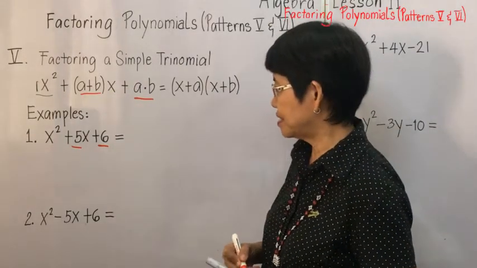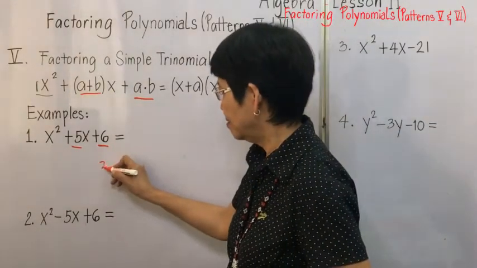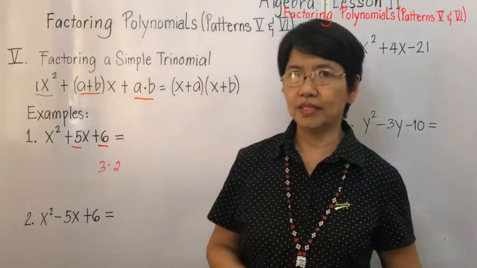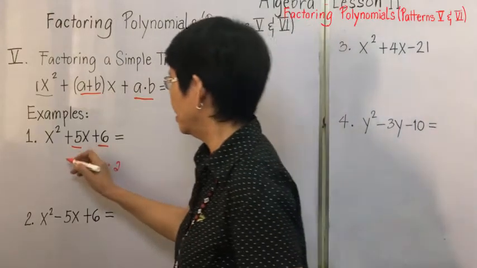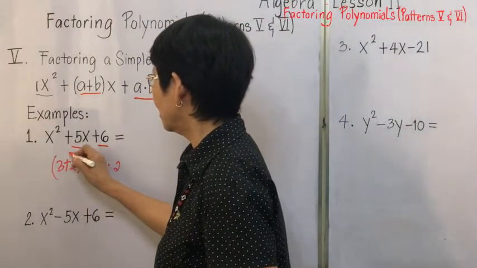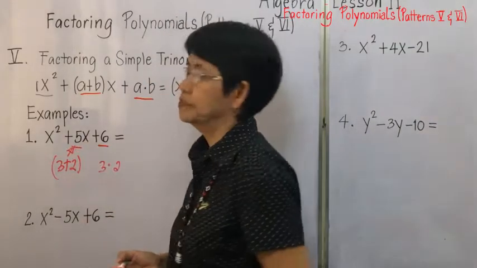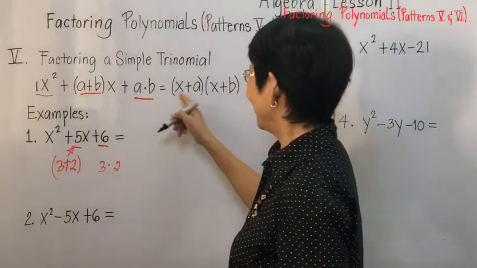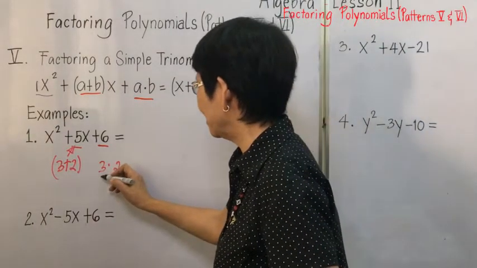And the factors of 6 are 3 and 2. 3 times 2 is equal to 6. And 3 plus 2 is equal to 5. So we have the right factors. So we just put the values here.